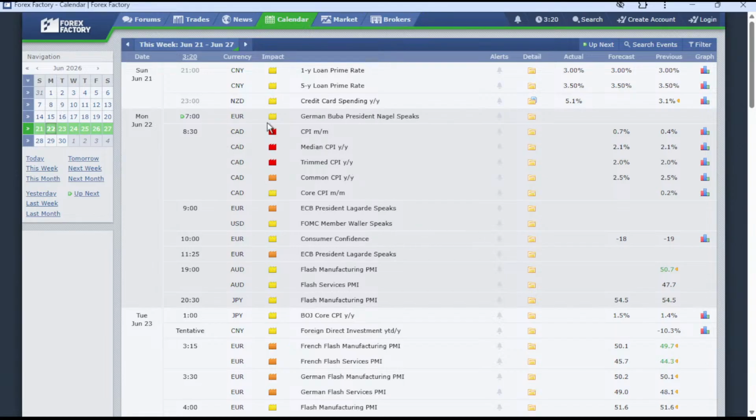This is Monday. We have the reason for consolidation. We have no particular news, like none. Only this German Budapest, Nagel speak. Only that, but that's in 7.